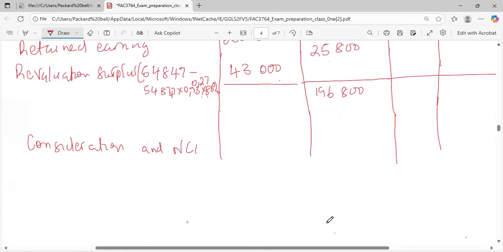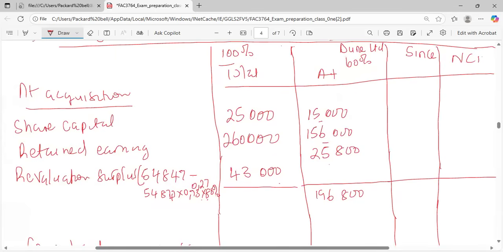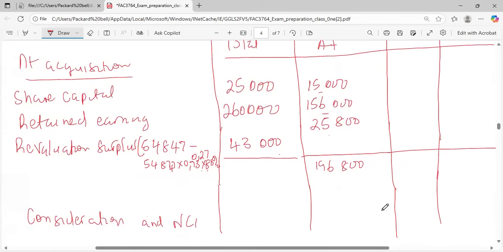So it's going to be 195,500. What are we going to have here? Are we going to have goodwill or gain on bargain purchase? What are we having here? Is it goodwill or gain on bargain purchase?